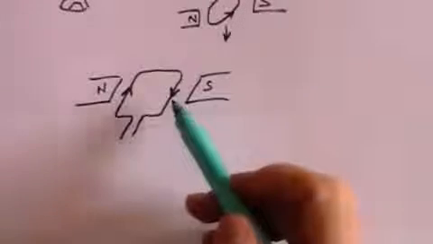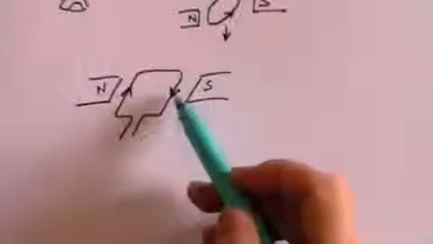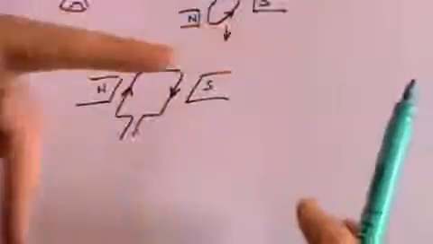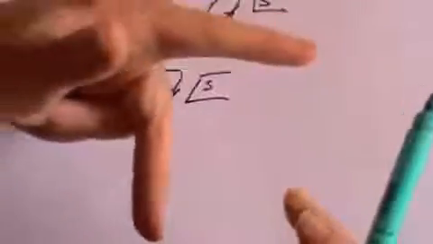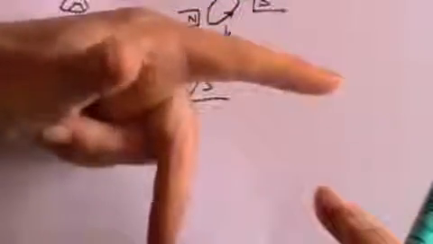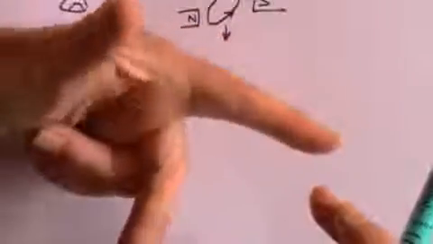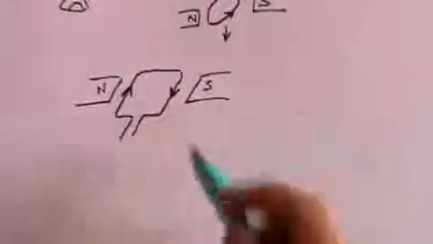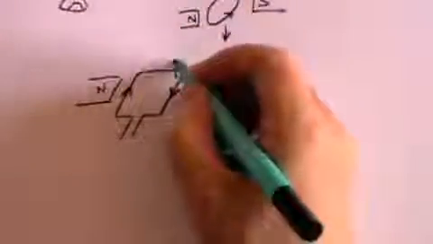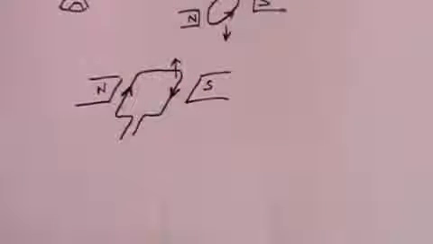Let's apply the left-hand rule to this side, this part of the current. Well, the field is in this direction, north to south. The current is going downwards, and so the motion will be, my thumb, will be up. So here the force will be up.